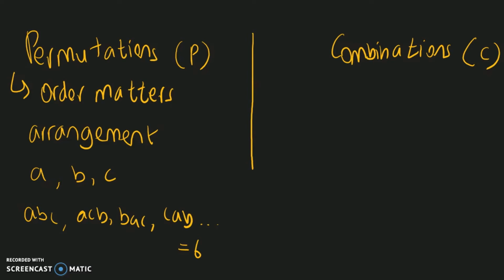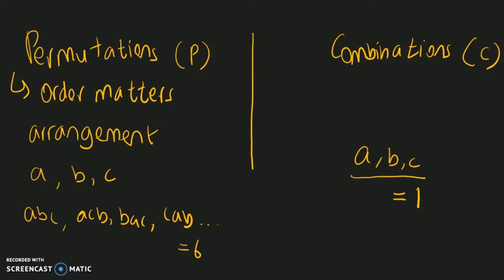However, in combinations, when we have the three terms A, B, and C, there's only one possibility because the order doesn't matter as long as these three values are in the sequence. It's the only possibility that is available. So when we do the combination of this, the answer will only be one.